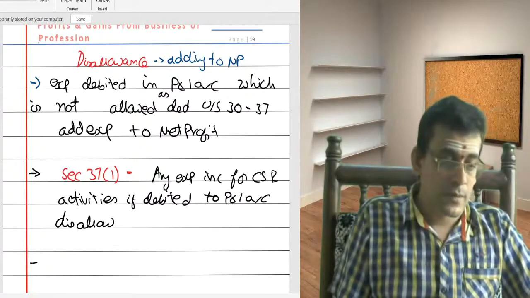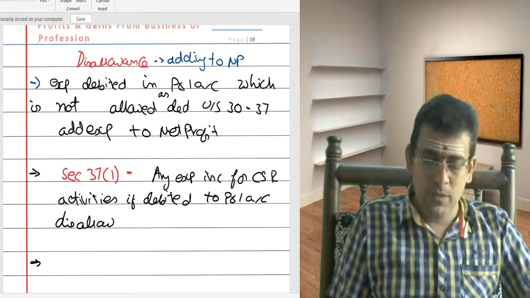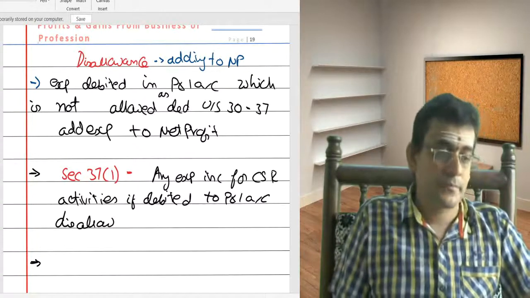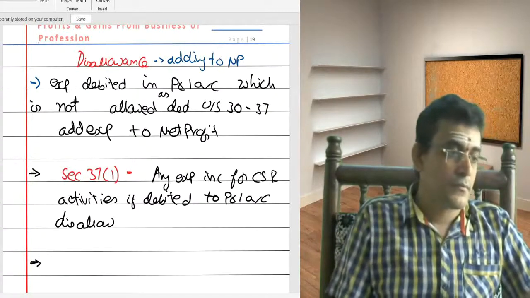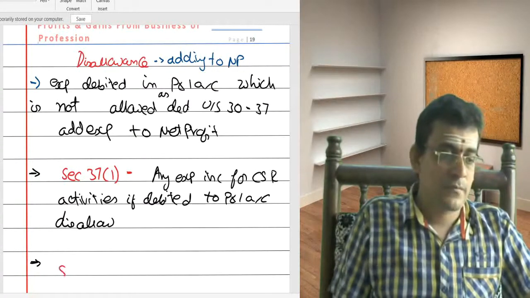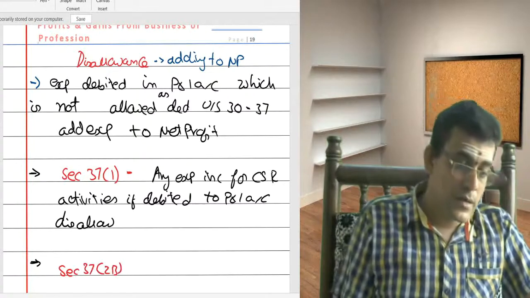Then let us move on to section 37 subsection 2B.